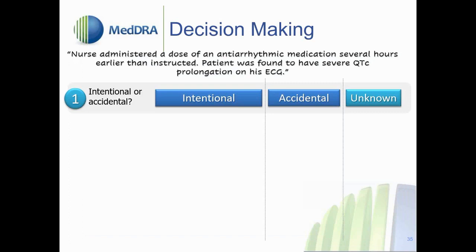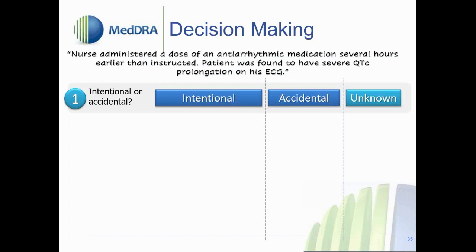So is it clear from the verbatim whether the incident occurred intentionally or accidentally? In my view, not. At first sight, it seems to be a medication error, but it could well be that the nurse made a conscious decision here to administer the antiarrhythmic drug earlier.